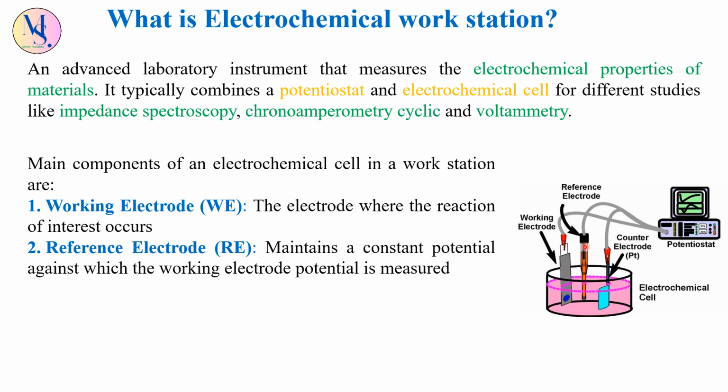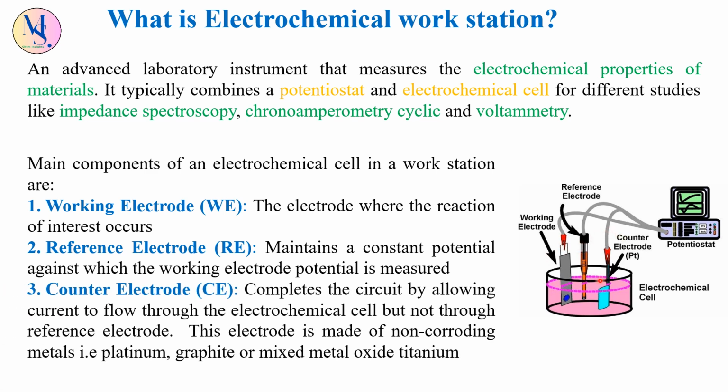Reference electrode, which maintains the constant potential against which the potential of working electrode is to be measured, and the counter electrode, which is used to complete the circuit with working electrode, and thus it allows the current to flow in the electrochemical cell but not through the reference electrode. And this electrode is made up of non-corroding materials like platinum, graphite, or mixed metal oxide of titanium.